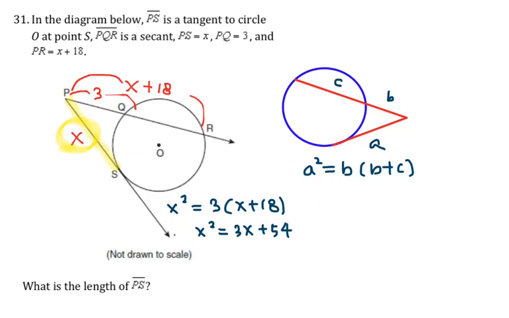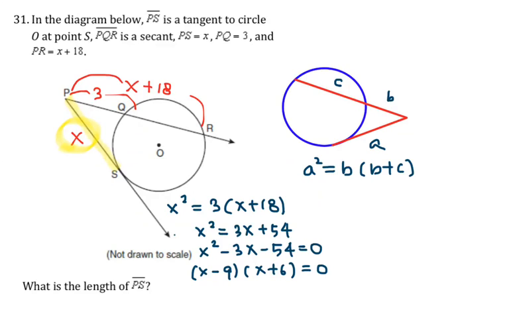Bringing both terms to the other side, we get X squared minus 3X minus 54 equal to 0. Then let's factor this one: X minus 9 times X plus 6 is equal to 0.